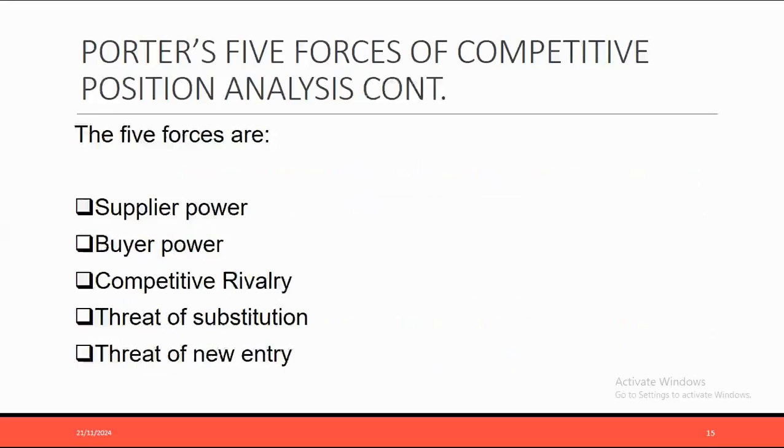All right. So according to the model, there are 5 forces, and these are the 5 forces that will help you to perform the analysis. The first force is the supplier power. Then you have the buyer power, the competitive rivalry, the threat of substitution, and then the threat of new entry.